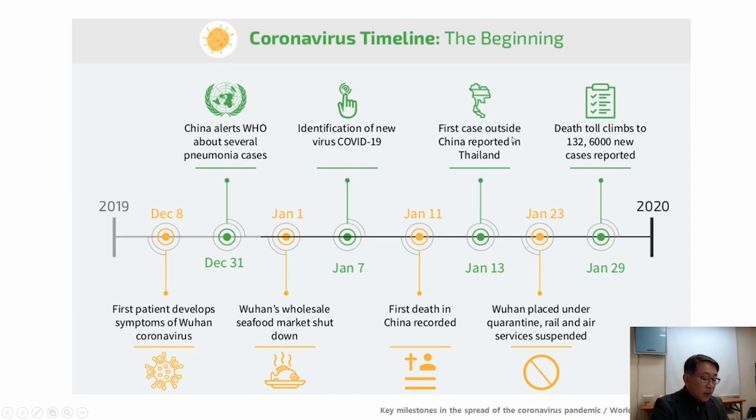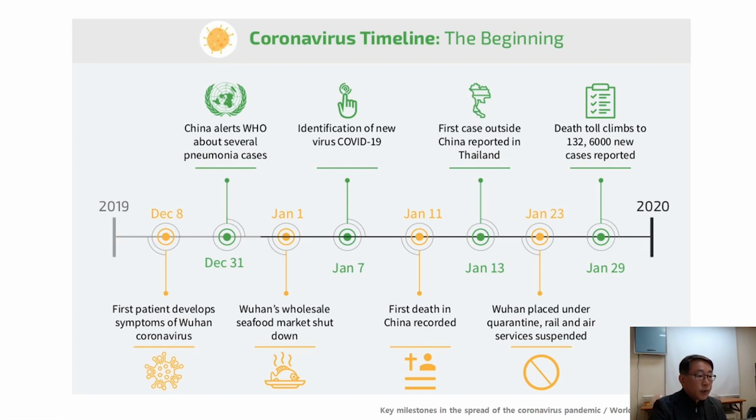This slide is about the timetable of COVID-19. Let me start from the left side, which is the end of last year, 2019. Last year, December 8th, several people in Wuhan city were known to develop symptoms.